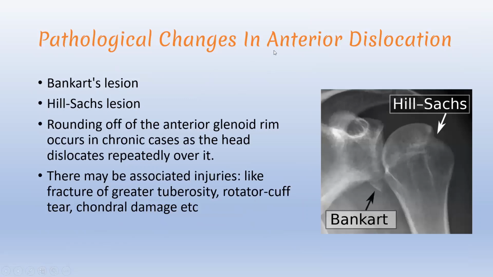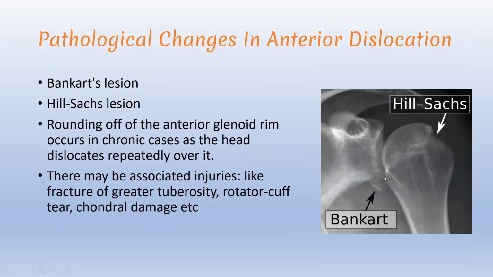Pathological changes in anterior dislocation. First one is Bankart lesion. In Bankart's lesion, dislocation causes stripping of the glenoid labrum, along with the periosteum, from the anterior inferior surface of the glenoid and scapular neck.